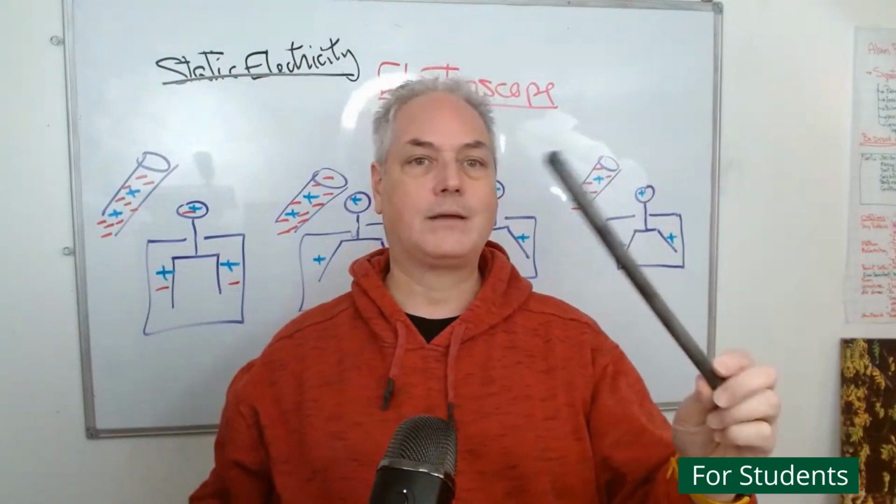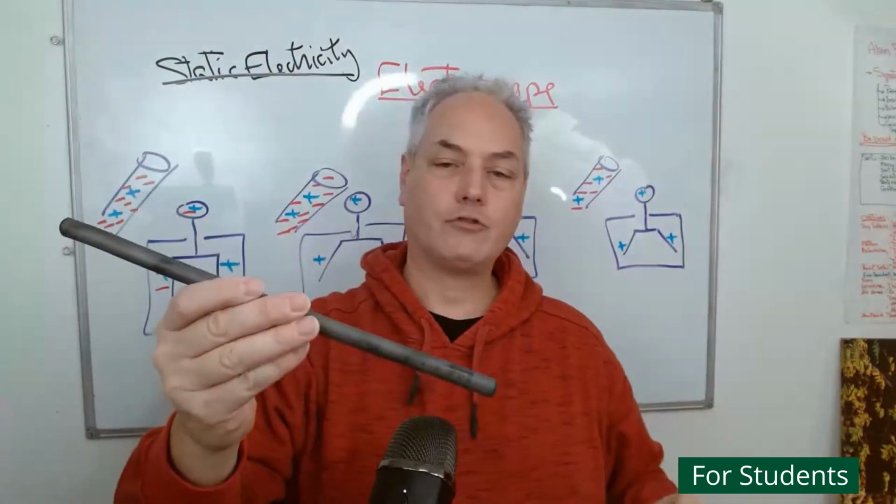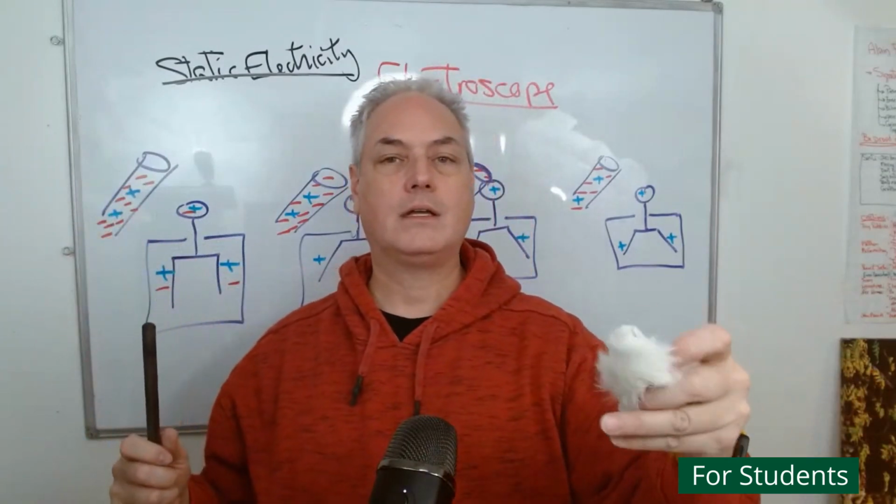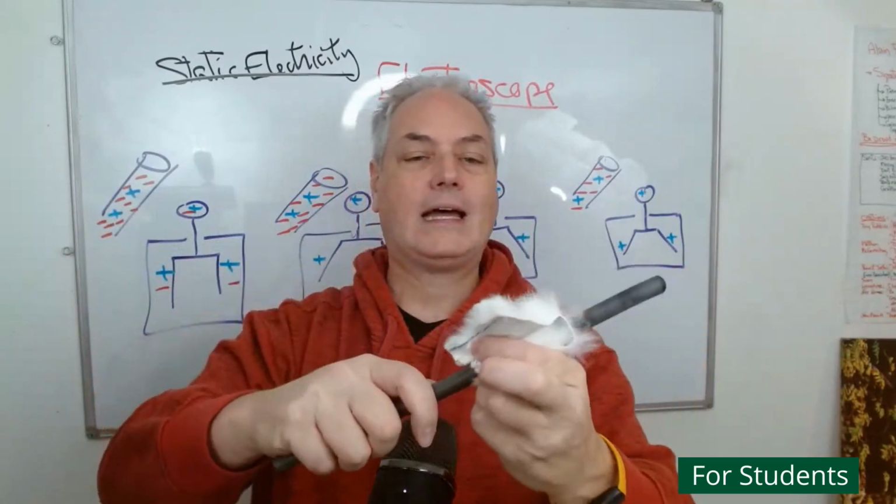So here is an example: this is a hard rubber made of ebonite. I have some rabbit's fur and I create some friction.